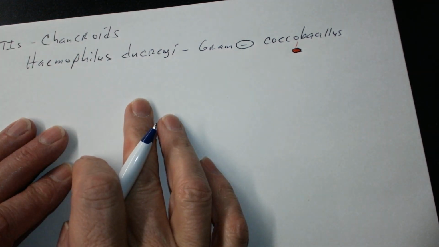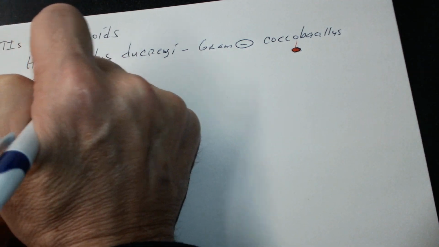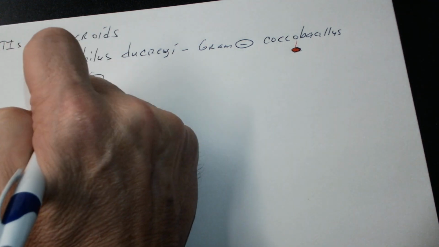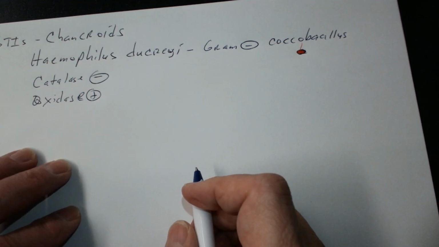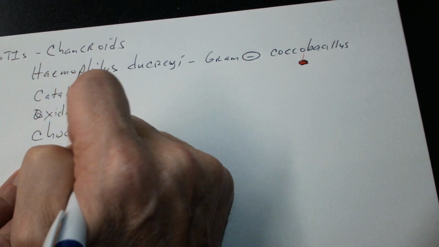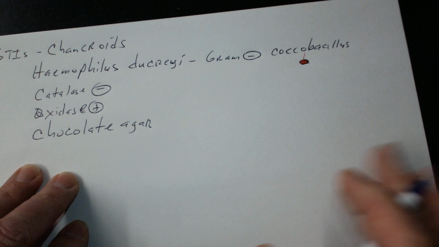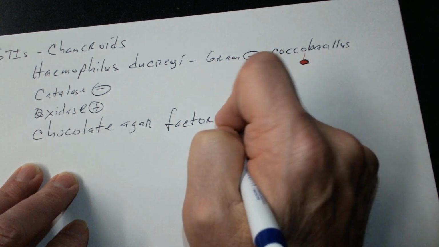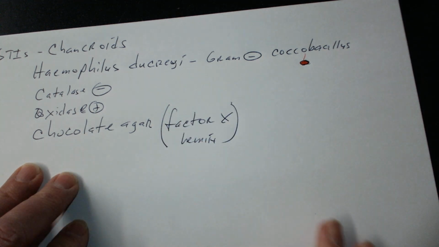These are very, very fastidious in general. So these are catalase negative, oxidase positive, and they are usually grown on chocolate agar, because to grow, they require so-called factor X, and that is contained in chocolate agar.